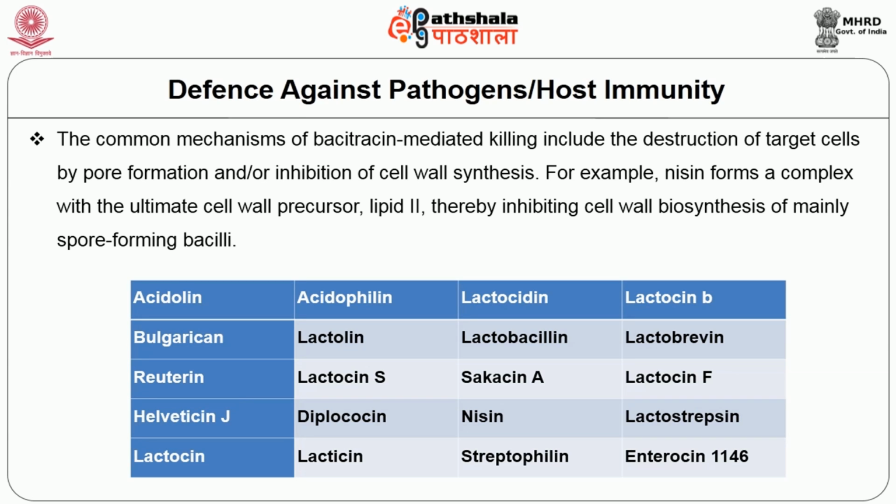For example, nisin forms a complex with the ultimate cell wall precursor, lipid II, thereby inhibiting cell wall biosynthesis, mainly of spore-forming bacilli. Antimicrobials produced by probiotics include, for example, lactolin, lactobacillin, lactobrevin. Many of these probiotics are produced as antimicrobials.